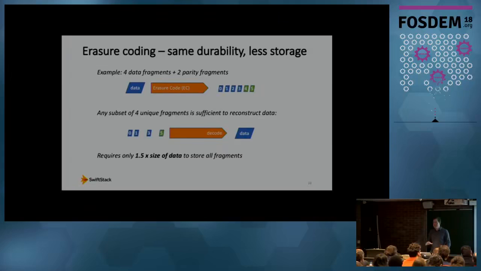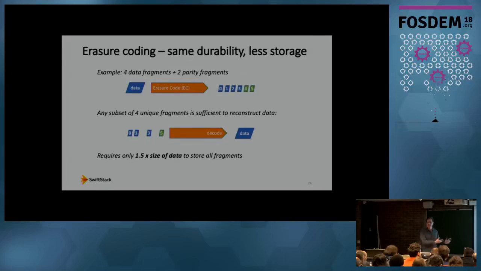It's a mathematical algorithm, and in the example I'm showing here, we would have a coding algorithm that accepts a blob of data and splits it into a number of fragments. In this case, the data has been split into 4 data fragments, and then the erasure code also calculates a number of parity fragments.